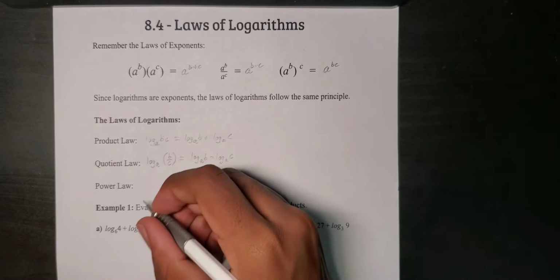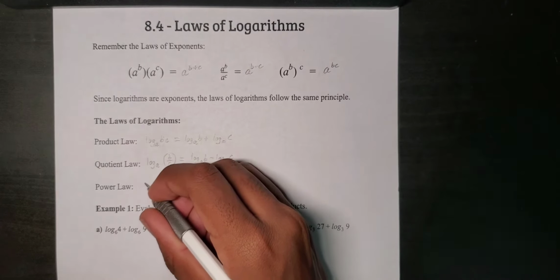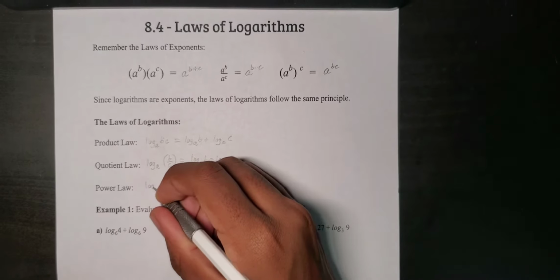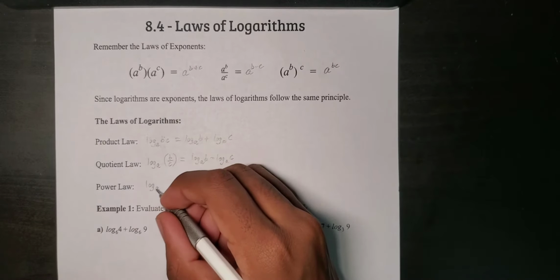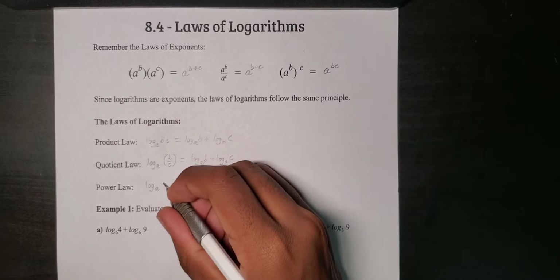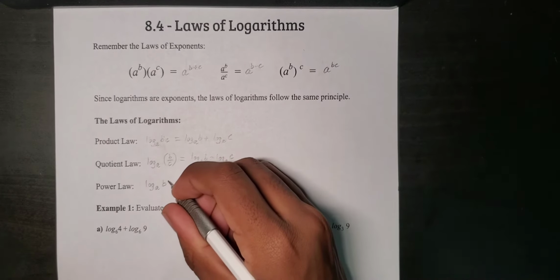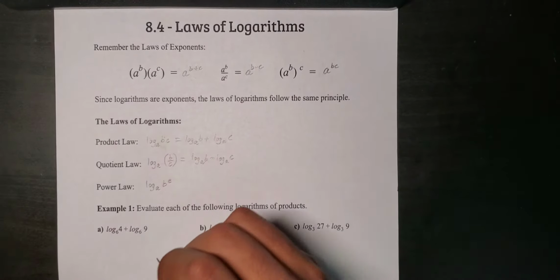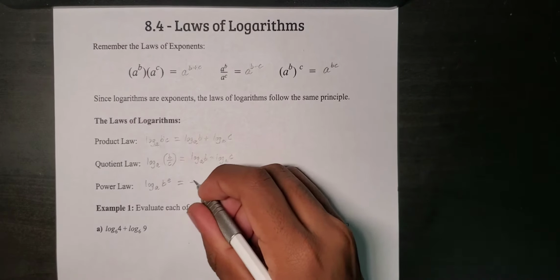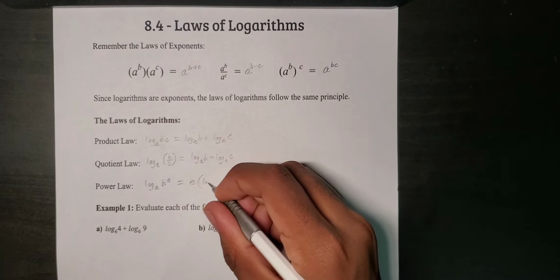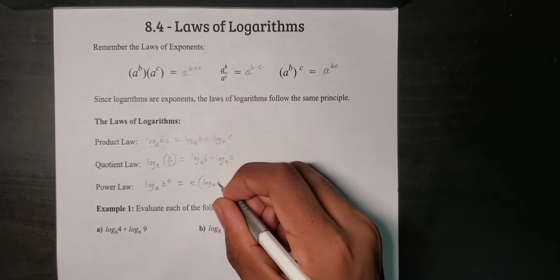As for the power, the log at base A of b to the power of e, in this case, not c, is equivalent to e times the log of b.